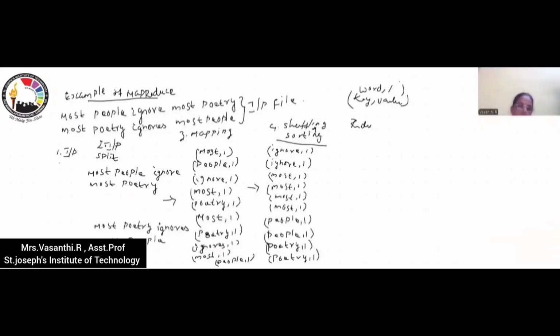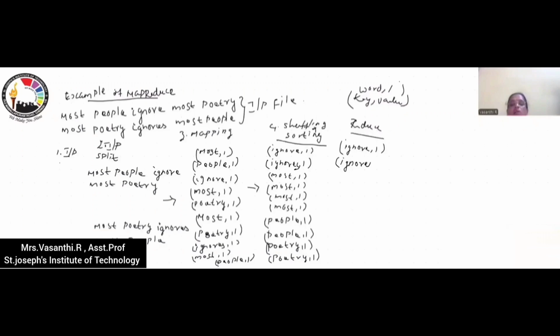The next step is reduce. Here we group the key and the list of values. See here, the word ignore occurs a single time, so ignore, comma, the value is 1. Sorry, next it is ignores, so ignores, comma, 1.